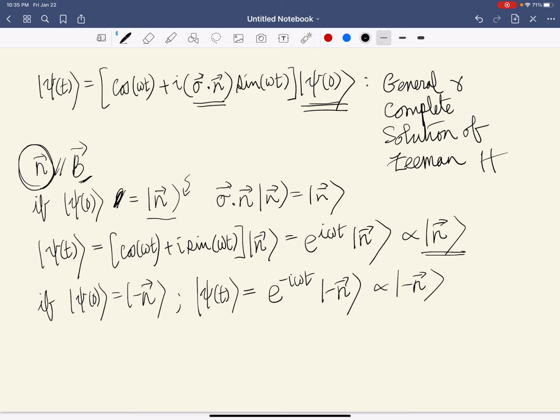So those two are the boring situations. More technical terminology would be that these are the stationary states.